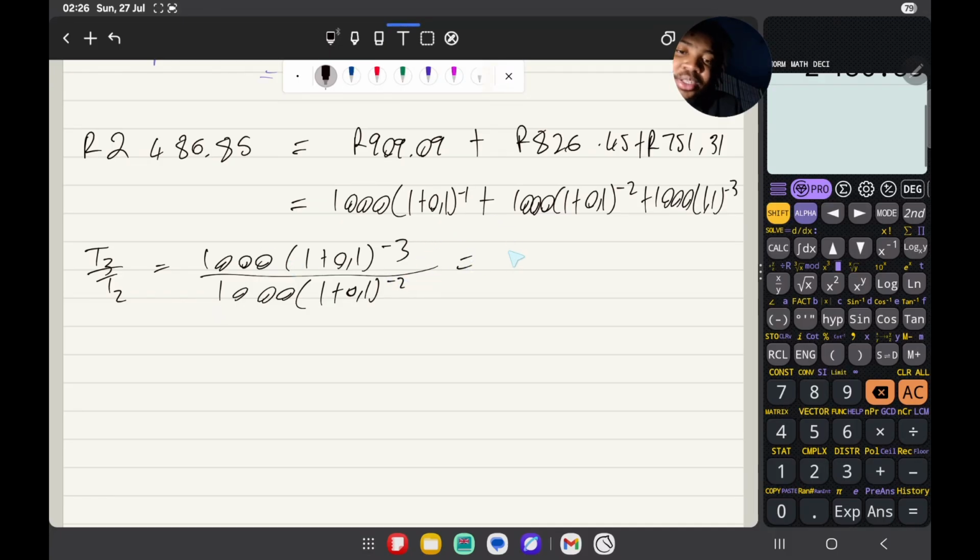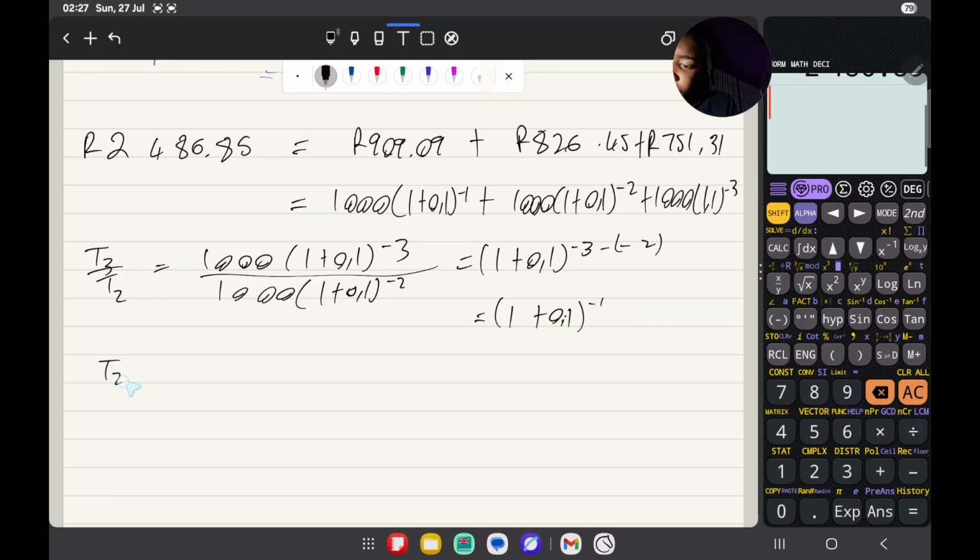The thousands are going to cancel each other, so you're going to have 1 plus 0.1 to the negative 3 minus negative 2. When we divide with the same base, we subtract the exponents. So this is me subtracting the exponents, and you get (1 plus 0.1) to the power of negative 1.